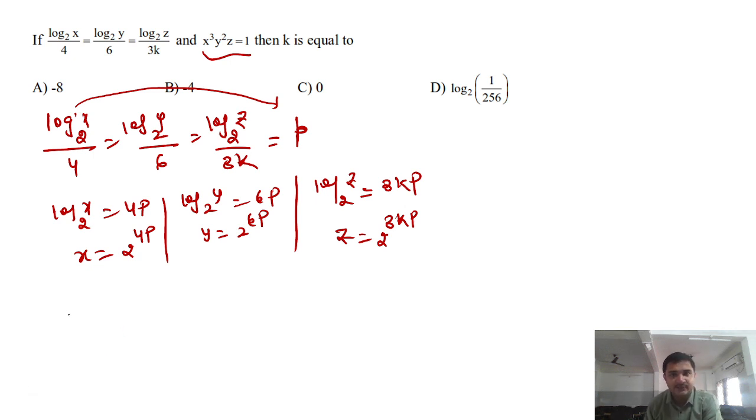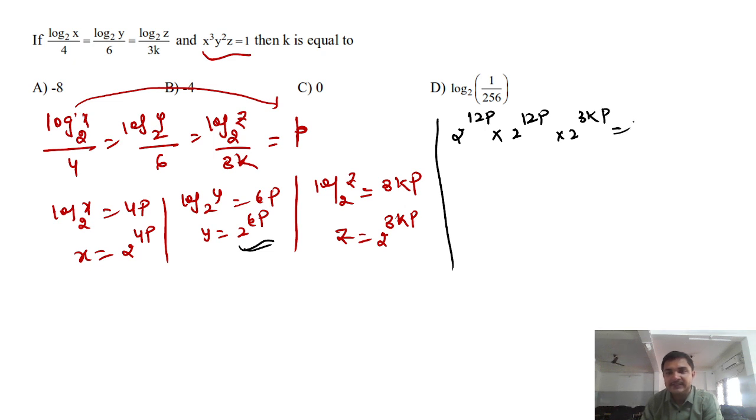We'll try to figure out what exactly it is. X cube, everyone tell me. X cube is 2 power 4p into 3, 12p, into y squared, 2 power 6p squared, that is nothing but 2 power 12p, right? Z as it is, 2 power 3kp, and which is equal to 1.